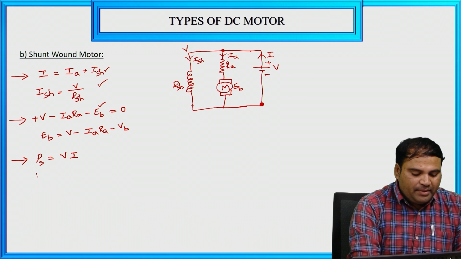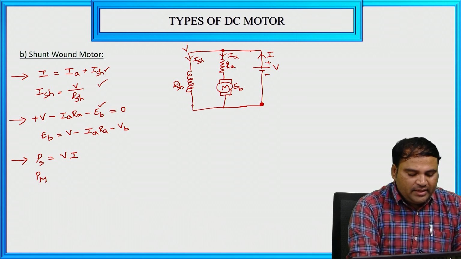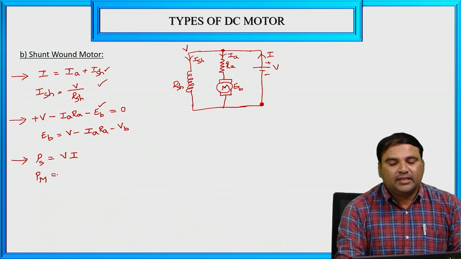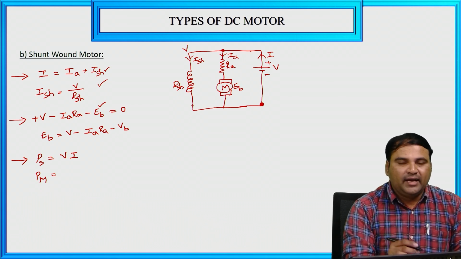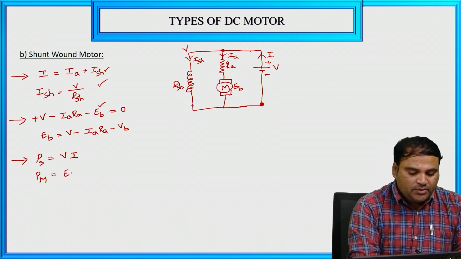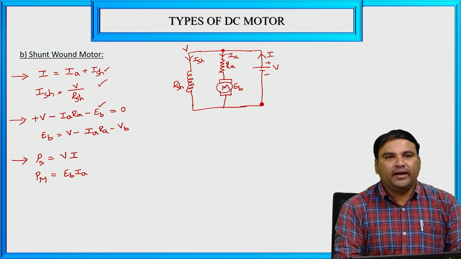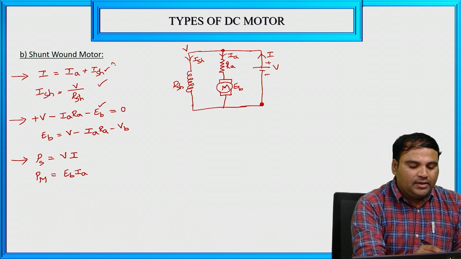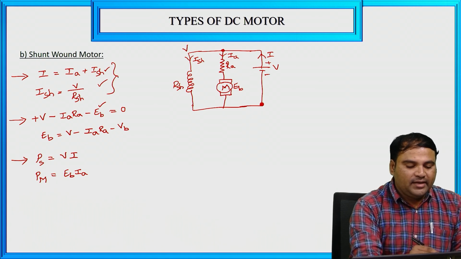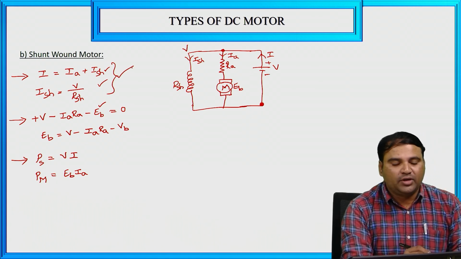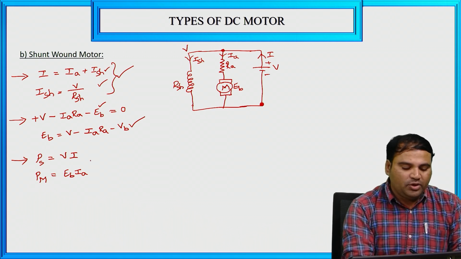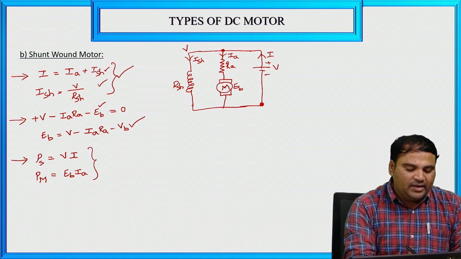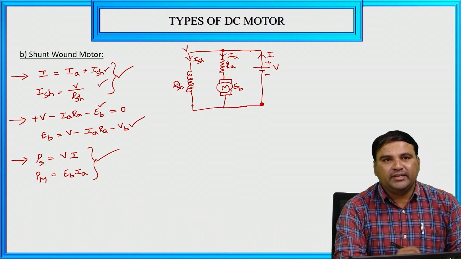Similarly, the mechanical power developed by this motor is EB into IA. Right. Here are the current relations of the shunt wound DC motor, this is the voltage relation, and this is the power relation.